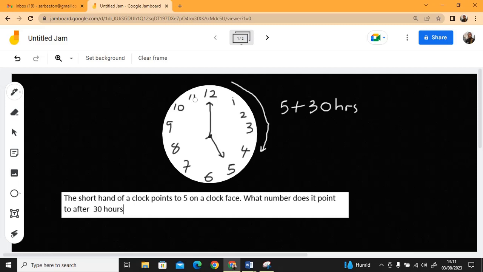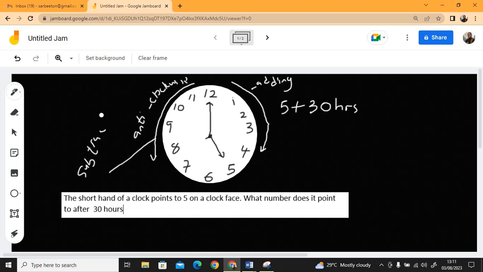When you are subtracting, you go in the anti-clockwise direction. So to go like this, it's anti-clockwise. So this is subtracting.